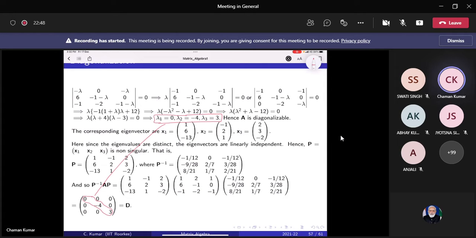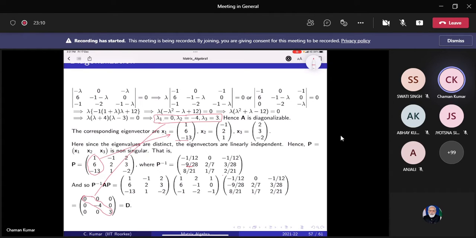And this will be in the same order in which you have placed the eigenvectors. The first column in matrix P is the first eigenvector, and the first eigenvector corresponds to 0.